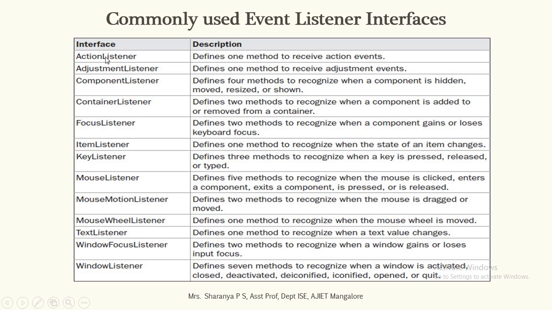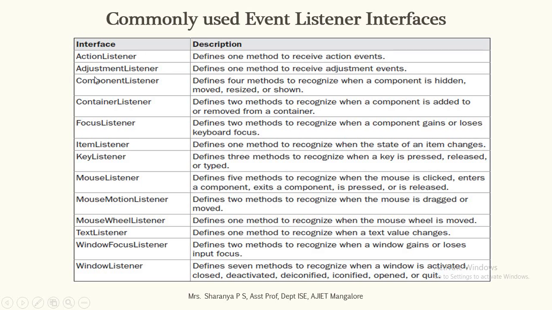We have already discussed what is meant by the action event class and which sources generate action events, that is nothing but buttons, menus and text fields. So when those kinds of events are generated, we use the action listener interface in order to handle them.